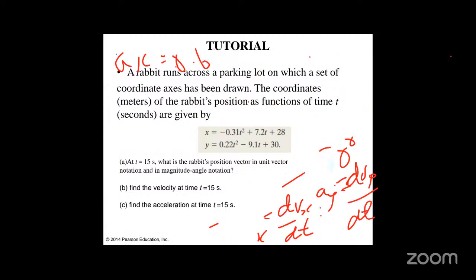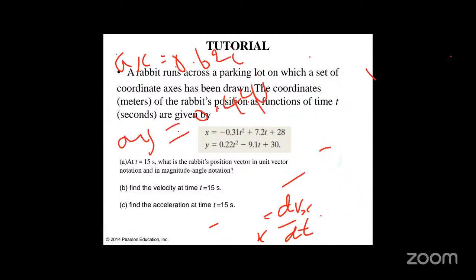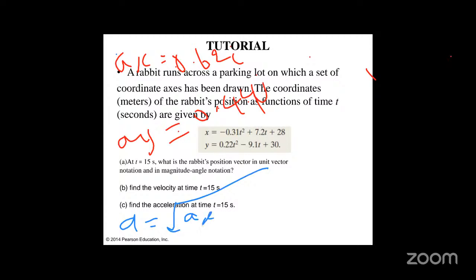So if we want to find the magnitude and direction for a, a will be the square root of ax squared plus ay squared, which is the square root of 0.62 squared plus 0.44 squared.